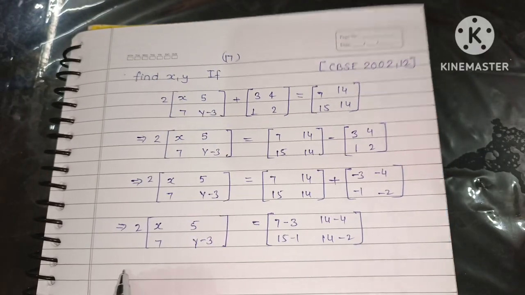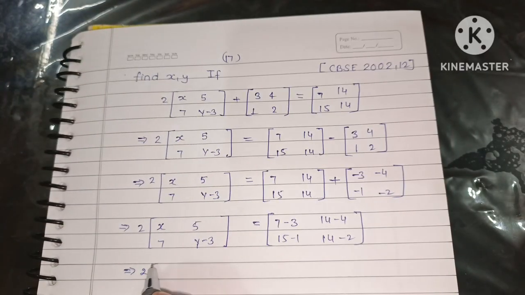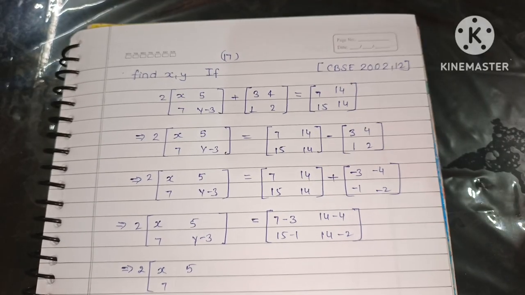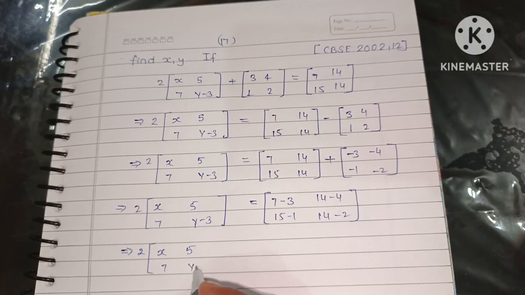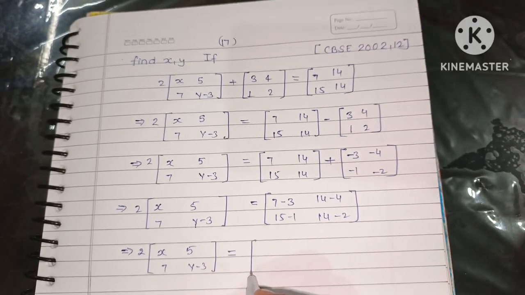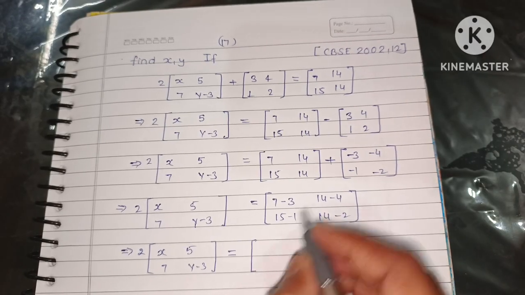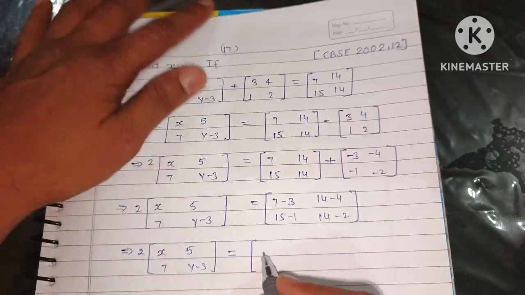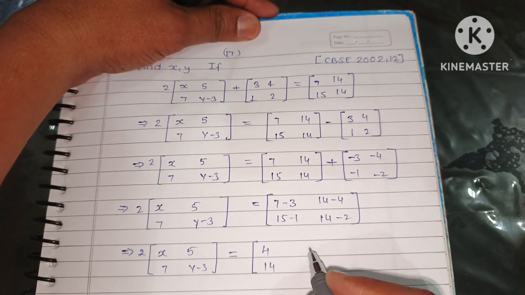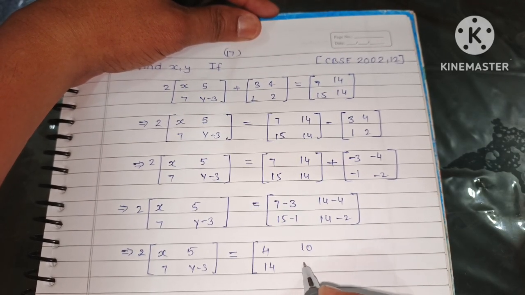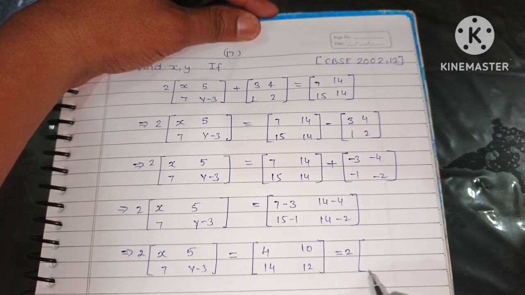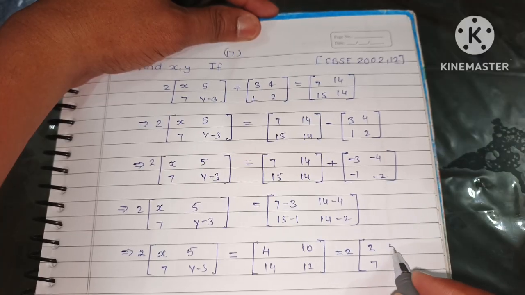Okay, so now x 7 5 y minus 3, that is 7 minus 3 is 4, that is 14, that is 10, that is 12. So we will take 2 common, that is 2, 7, 5, 6.